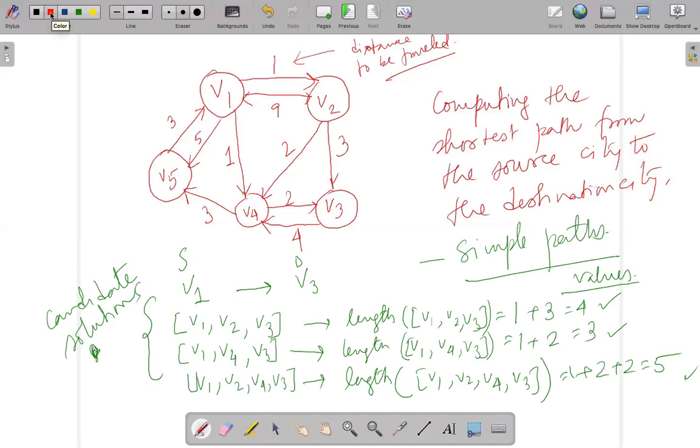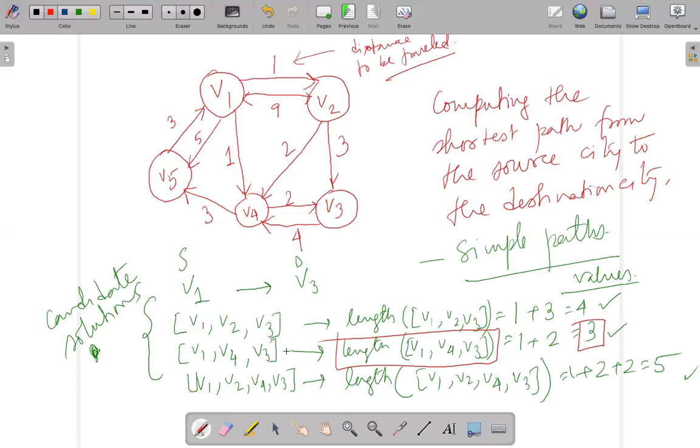Depending on the problem, since we want to cover the shortest distance, the optimal value in this case is the minimum value, which is 3, and therefore the corresponding shortest path that we want to choose from V1 to V3 is V1, V4, V3. So this is how you formulate a problem, with a realistic example of candidate solutions, values and optimal values.